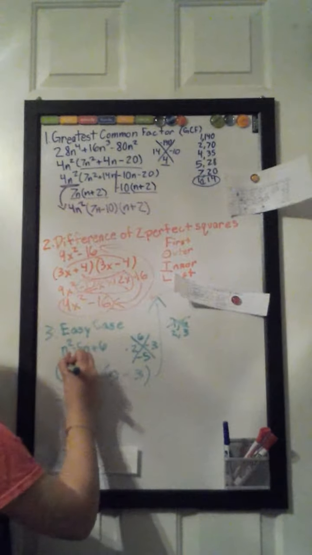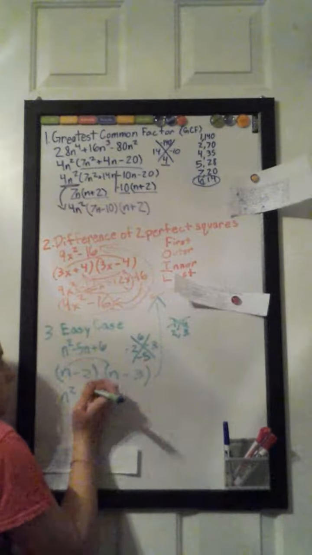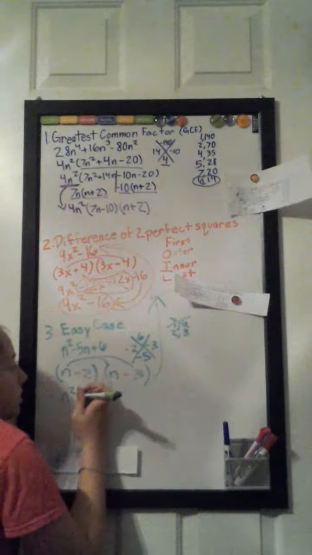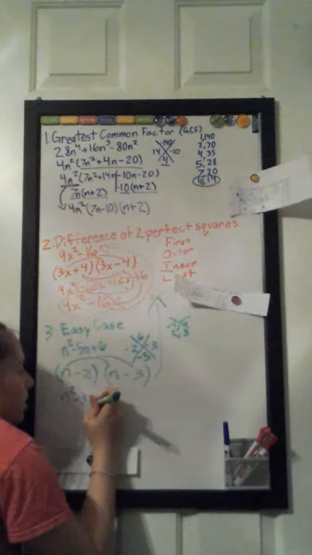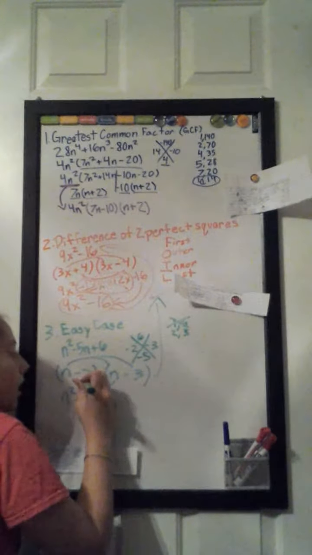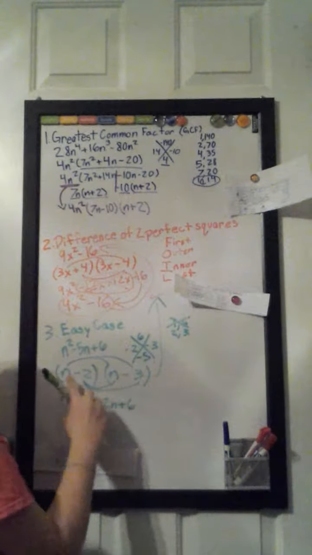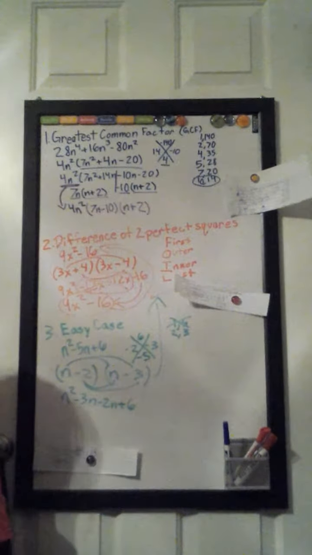First gives you n squared. The outer gives you negative 3n, the inner negative 2n, and the last gives you positive 6, because a negative times a negative gives you a positive.